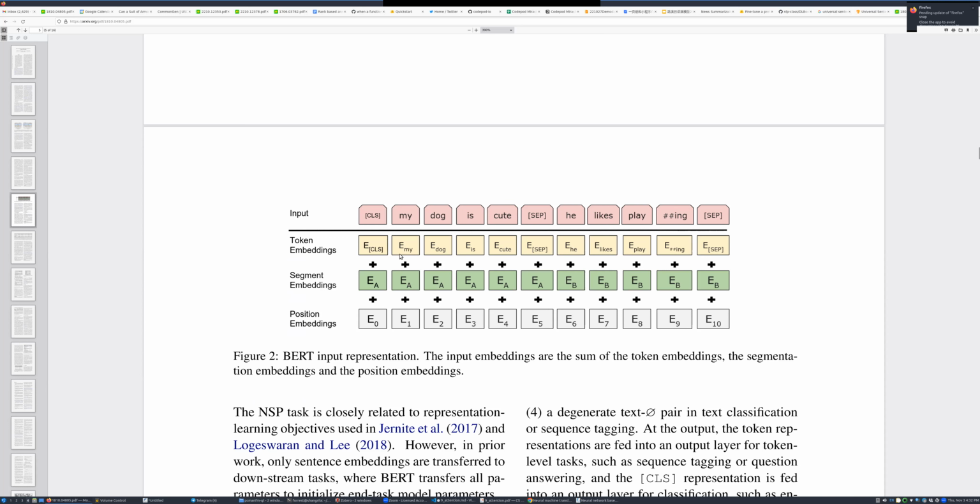So therefore, the embedding will do element-wise addition. So this one will add with the segment embedding, added with the positional encoding. Note that these two are scalars, while this one is a vector. So basically, you add a scalar onto every element of this vector. Okay. So that's BERT's input representation.